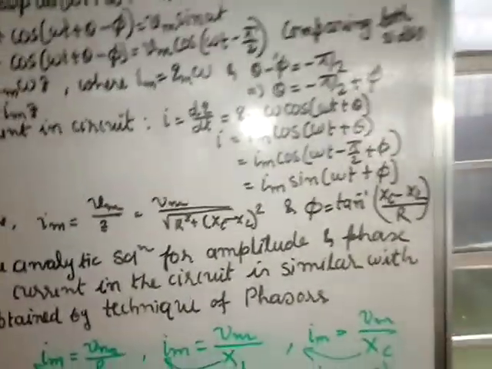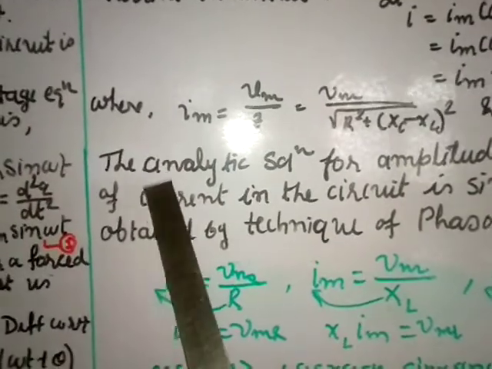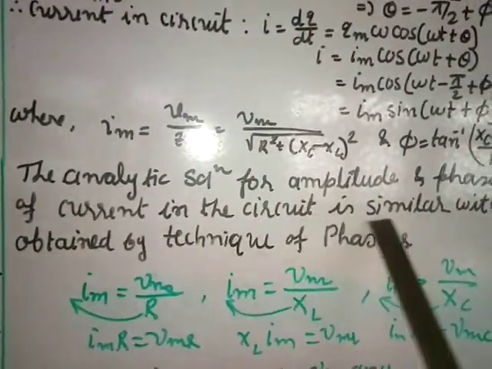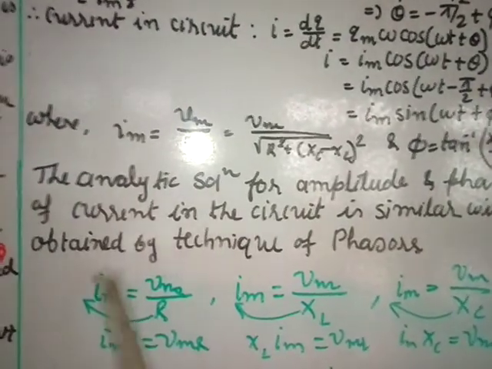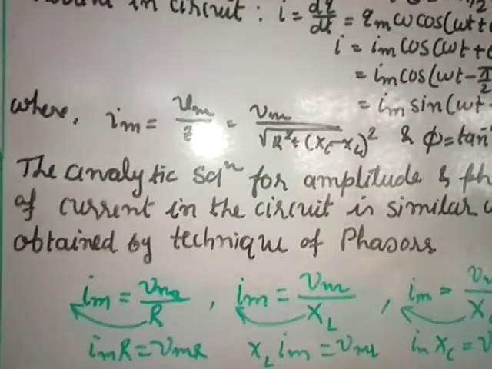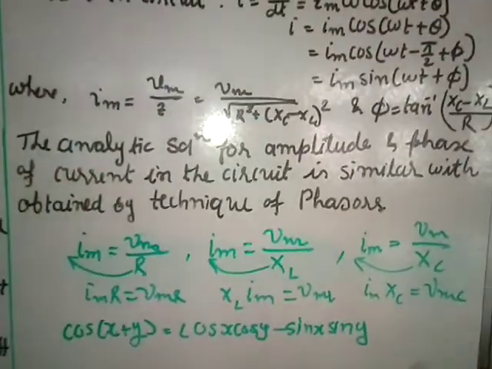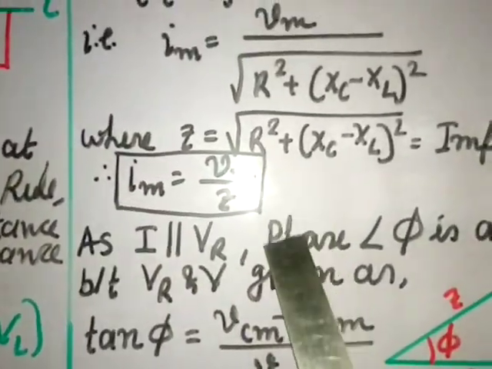So we have found this by the analytic method, and we see that the analytic solution for the amplitude and phase of current in the circuit is similar to what we obtained with the technique of phasors.